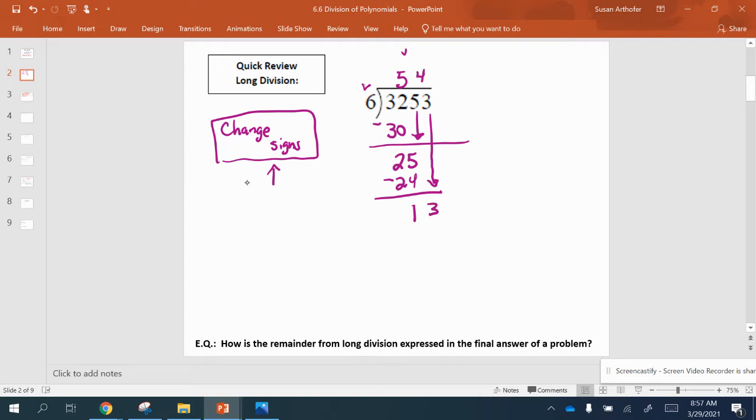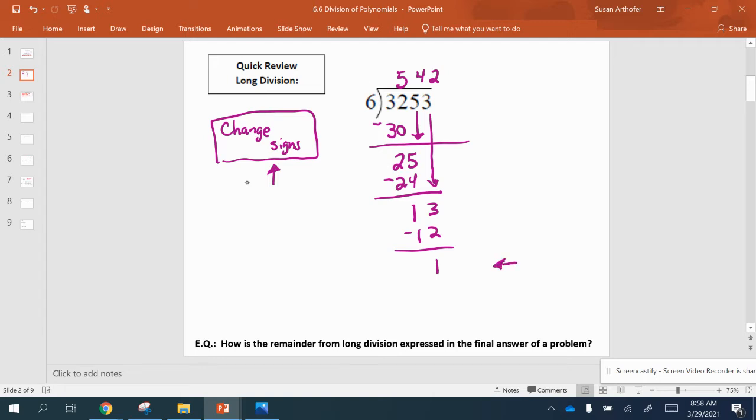And you're going to ask yourself again, what goes up here? What times 6 gets close to 13? Obviously 2. 2 times 6 is 12. And then you distribute. 2 times 6 is 12. You're going to again change signs. And that would be a 1. 13 and negative 12 is 1.